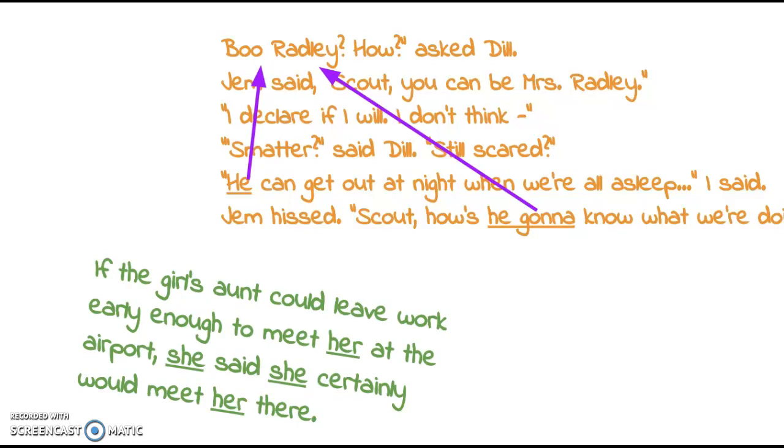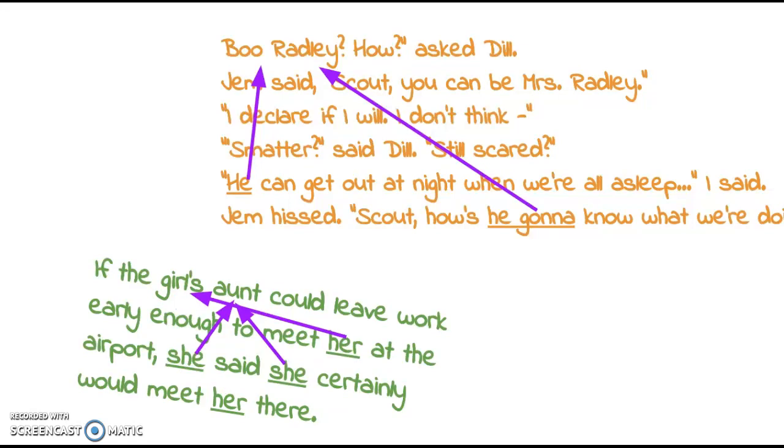Who's her refer back to? Refers back to the girl. She's going to be the one at the airport. She said she certainly. Well, who's she? Who's the one that's saying this? The girl's aunt said that she would meet her at the airport. Her, the girl. So you just draw the arrows back.